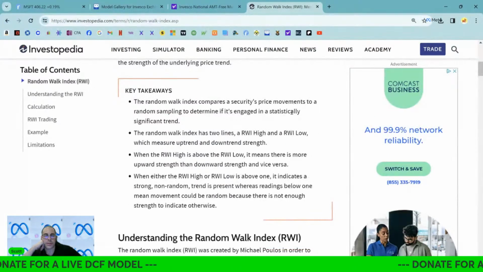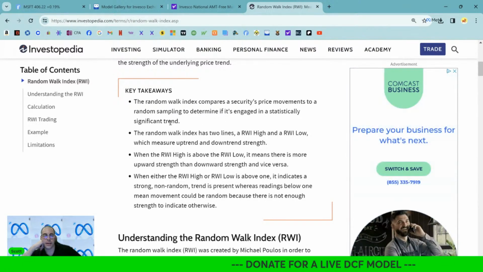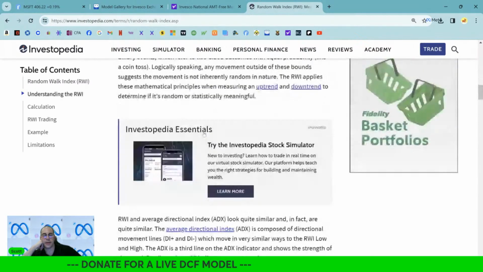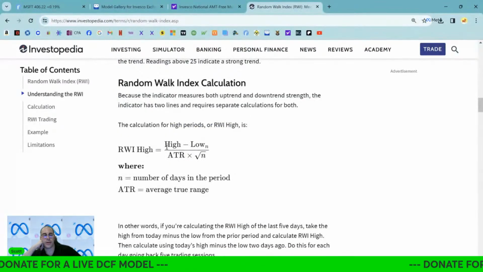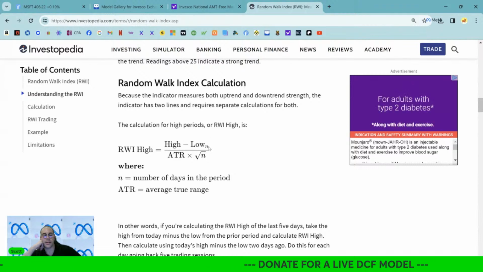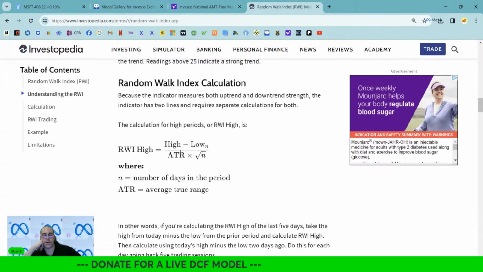It compares a security's price movements to a random sampling to determine if it's engaged in a trend. What's the formula? It's the high price minus the low price, over the average true range times the square root of n, for the nth period.